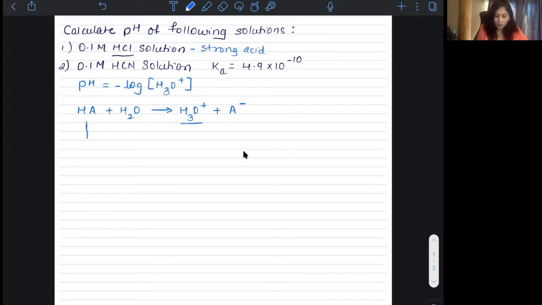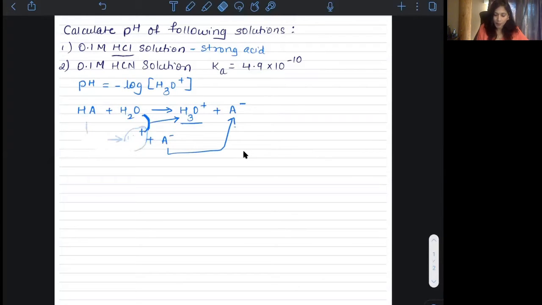Well, this HA is going to dissociate into hydrogen ions and its conjugate base. This is what we put down here. These hydrogen ions are going to combine with the water molecule to form hydronium ions. These are the hydronium ions we talk about when we are calculating the pH.